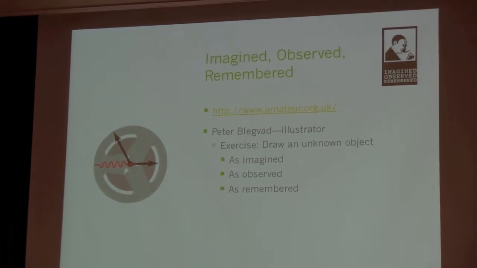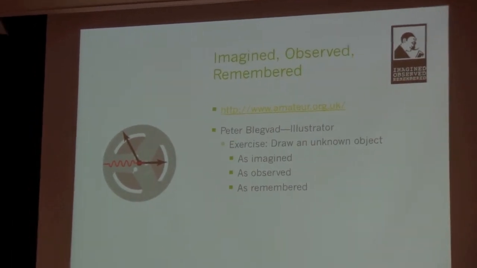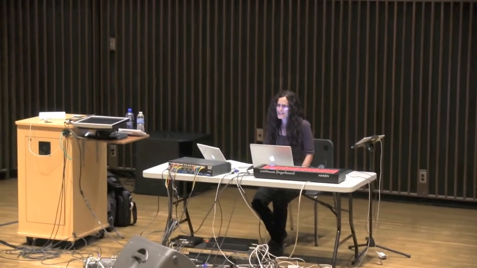And then he would go and find the thing in real life, or find a picture of it, and just draw from the picture. And the last step was to wait a couple of months and then draw from memory what this thing was.